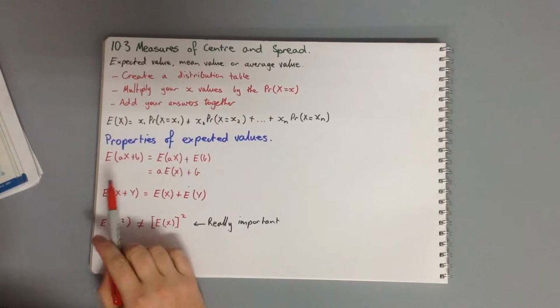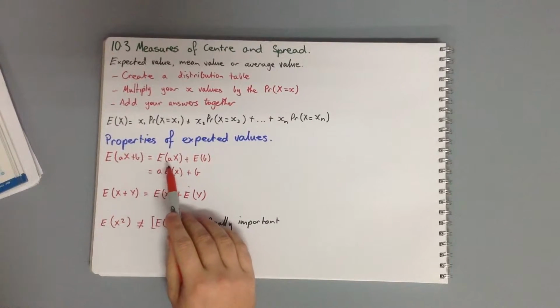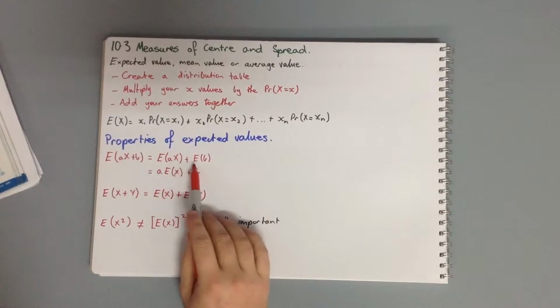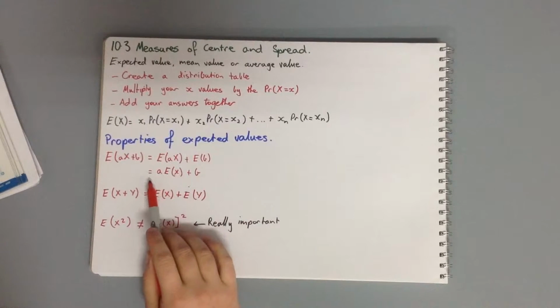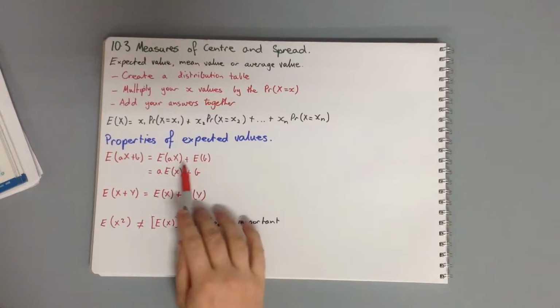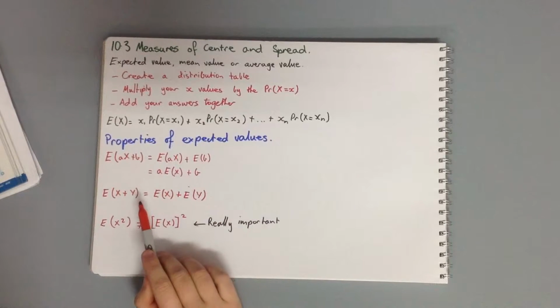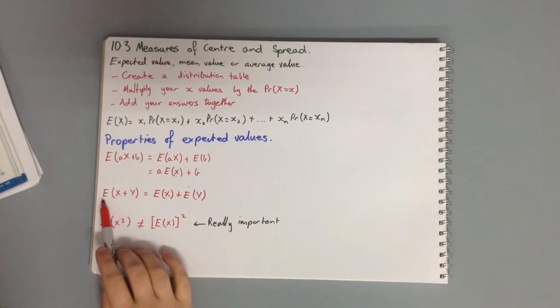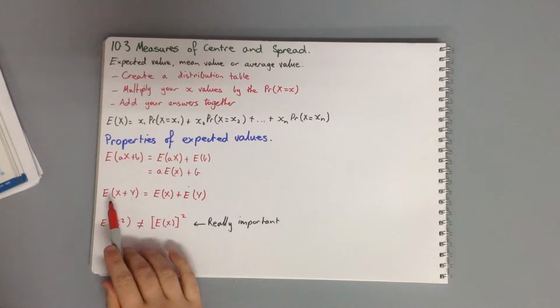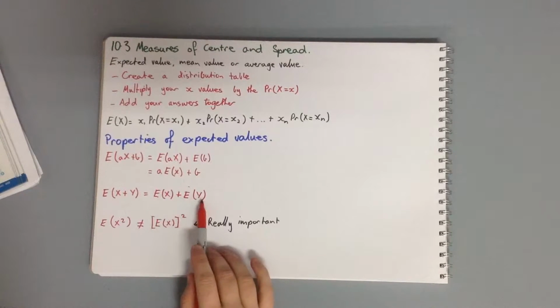The expected value of ax plus b equals the expected value of ax plus the expected value of b, which is equal to a times the expected value of x plus b. If we're finding the expected value of just a constant, it's just the constant itself. The expected value of x plus y is equal to the expected value of x plus the expected value of y.